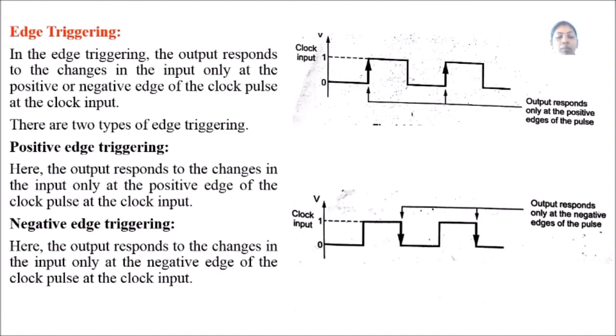Depending on that, you have positive edge triggering and negative edge triggering. In positive edge triggering, the output will respond to the input change only at the positive edge of the clock pulse. In negative edge triggering, the output will respond only at the negative edge of the clock pulse of the clock input.